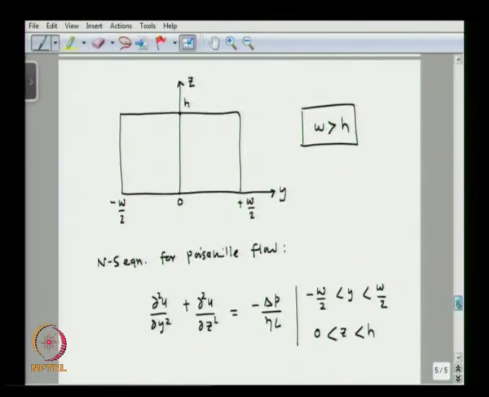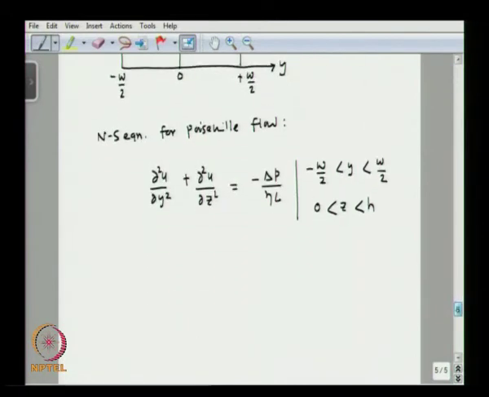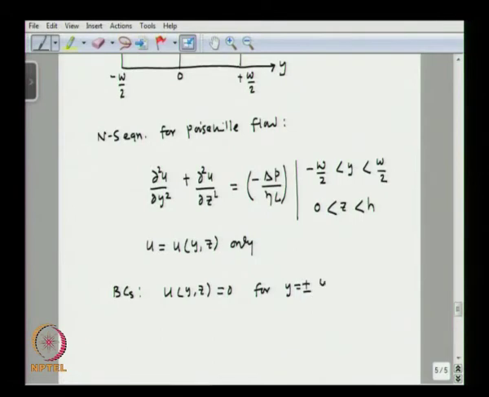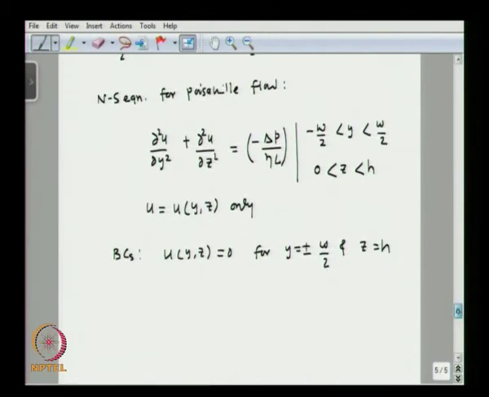Since it is parallel flow, u is a function of y and z only. The boundary conditions are u(y,z) equal to 0 for y equal to plus minus w by 2 and z equal to h.